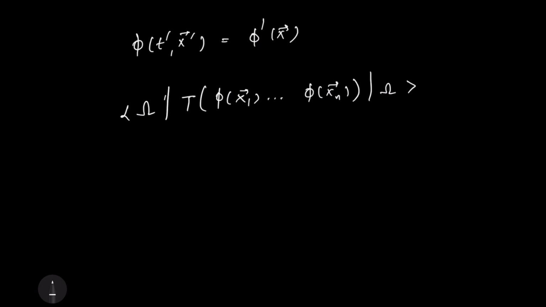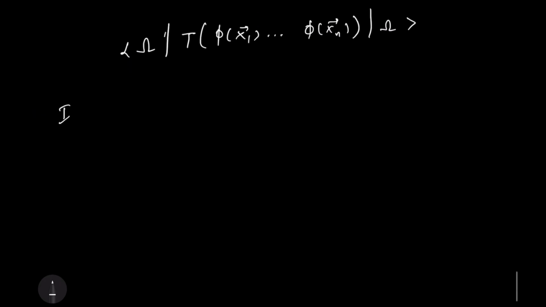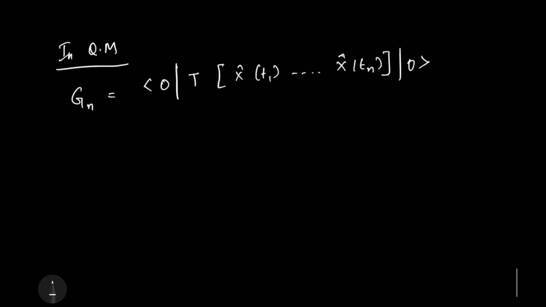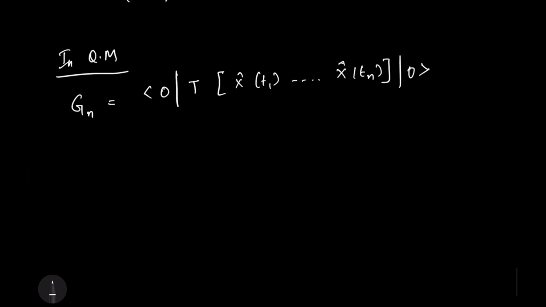In quantum mechanics, you have Gn equal to the vacuum state, time ordering of x of t1 etc. x of tn, in the vacuum state. So first we will do it in quantum mechanics and then we will go to field theory.